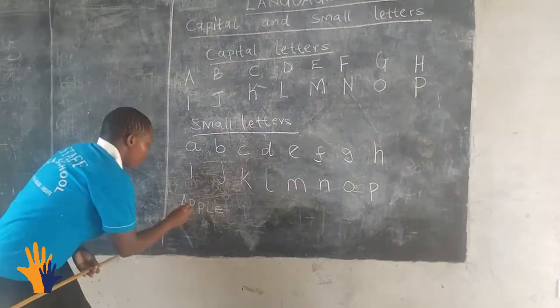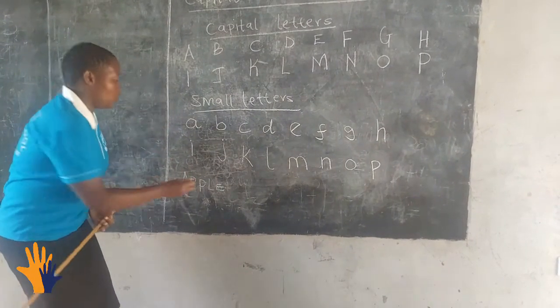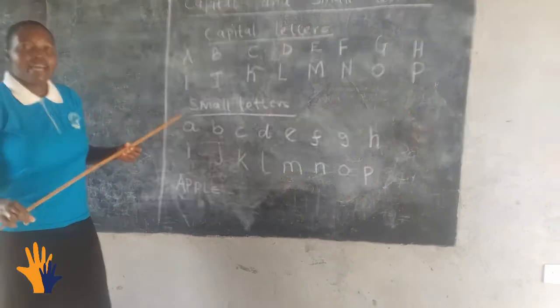This word is apple. So when we want to write it in small letters, we'll try. Good.